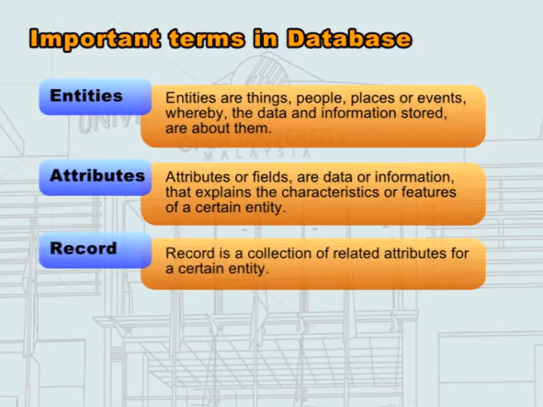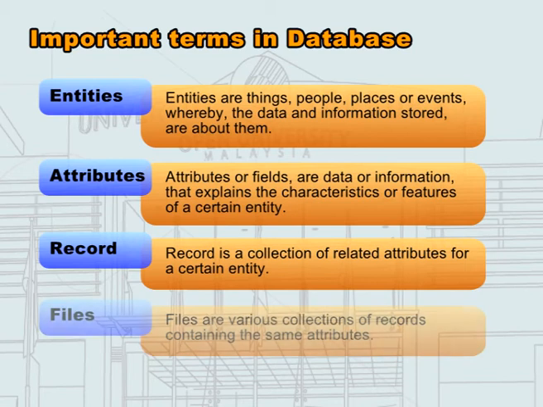A record is a collection of related attributes for a certain entity. An example of a record which groups together a number of attributes for a student entity are name Mr. A, matrix number 1007, address number 7, and so on, date of birth 7th of July 1977.